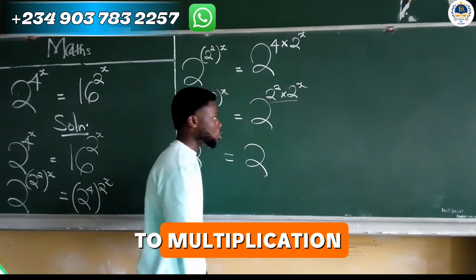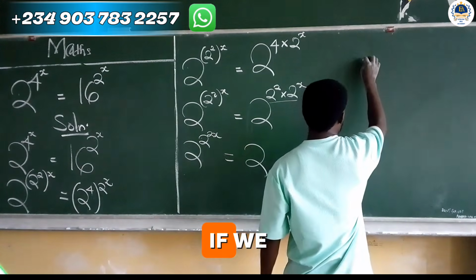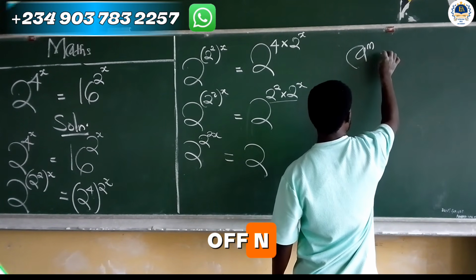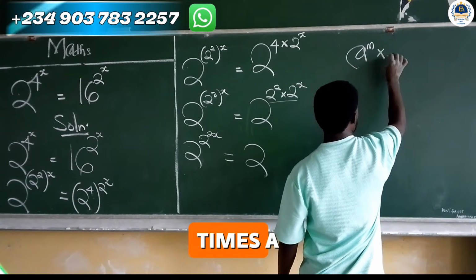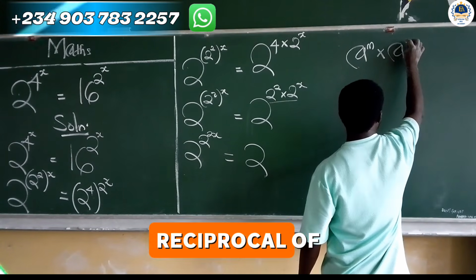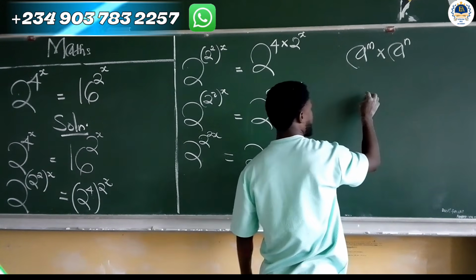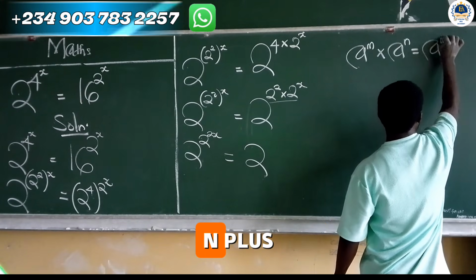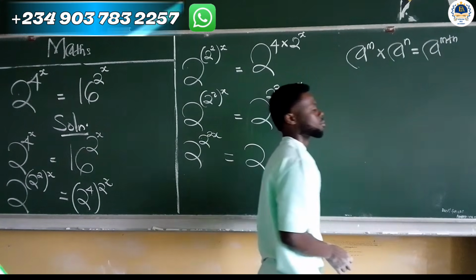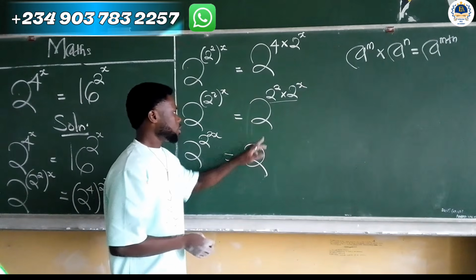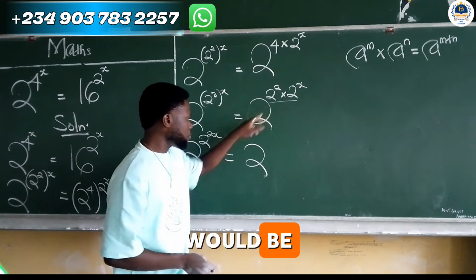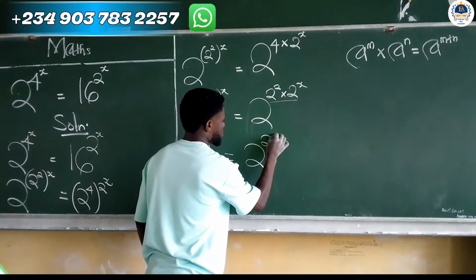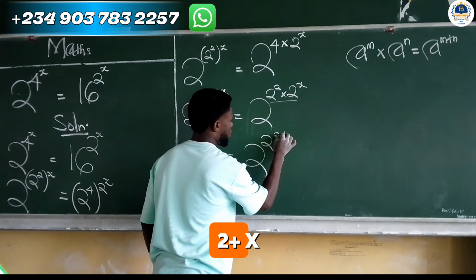Now, according to the multiplication law, if we have a raised to the power of m times a raised to the power of n, then the result is always a raised to the power of m plus n. Then that means this will give 2 plus x.